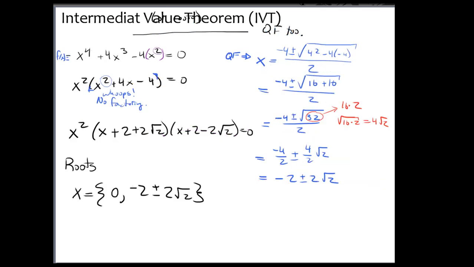Another one would be, if you recall this one, we've got these roots at -2 plus 2 square root of 2 and -2 minus 2 square root of 2. There's got to be a 0 on either side.